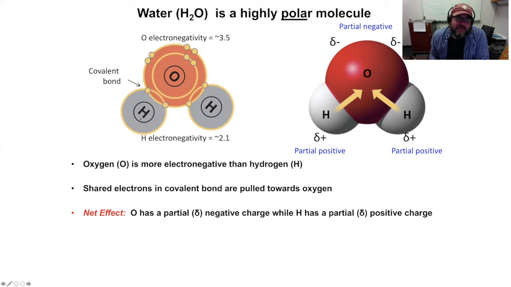And since the electrons are pulled towards the oxygen atom, the hydrogen atom, which has a proton in it, has a slight positive charge. So there's a slight positive charge associated with each of the hydrogen atoms in water, and a slight negative charge specifically associated with the unpaired electrons on the oxygen in this molecule.